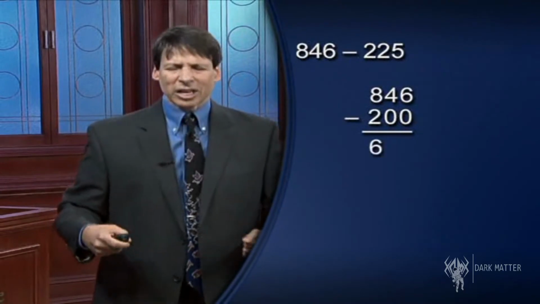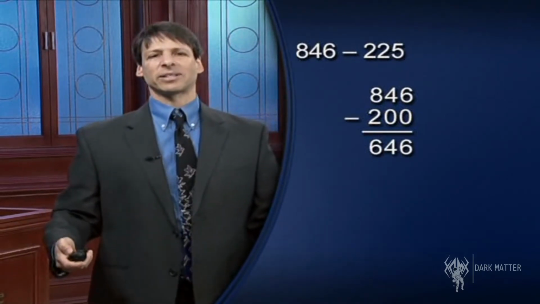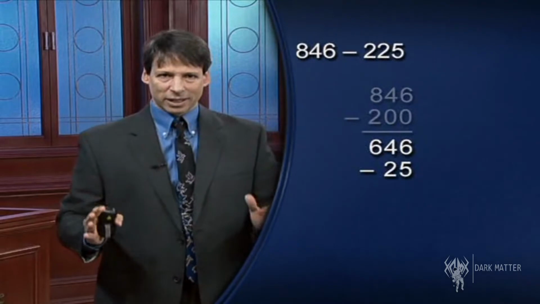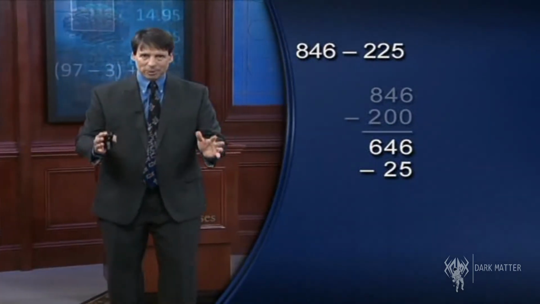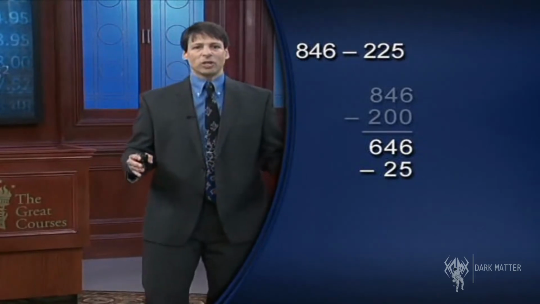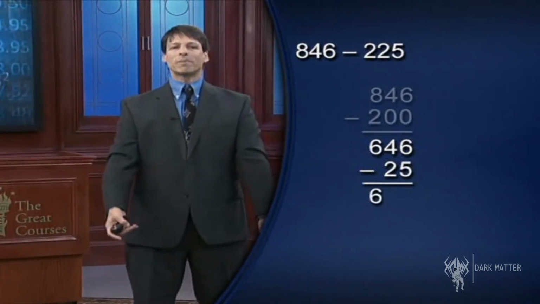And as I say this, I'll focus on the hundreds digit. 8 minus 2 is 6, so 846 minus 225 becomes 646 minus 25. Take a pause, take a break. This is a simpler problem, 646 minus 25, and that's easier to remember. You can even say 600 if you want. Get that out of your memory.